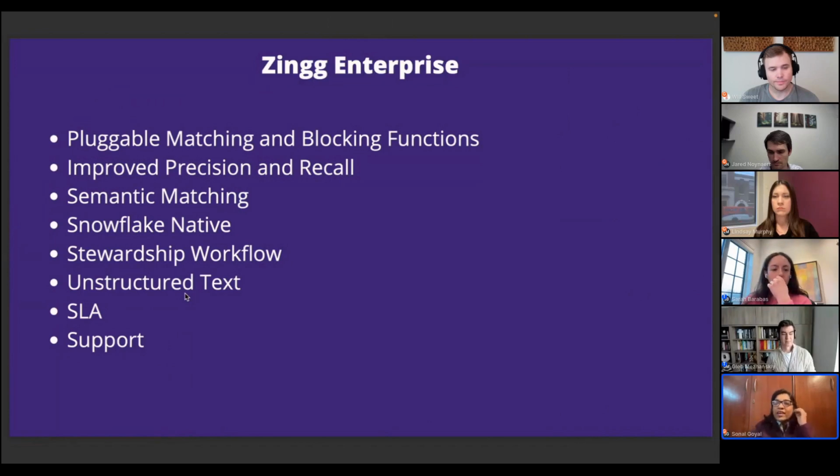We are also providing pluggable matching and blocking functions so that you can improve the precision and recall, and a lot of other cool things like semantic matching, unstructured text, as well as managing the entire workflow of the matches to maybe override what Zingg has predicted and to take care of the subsequent workflow.